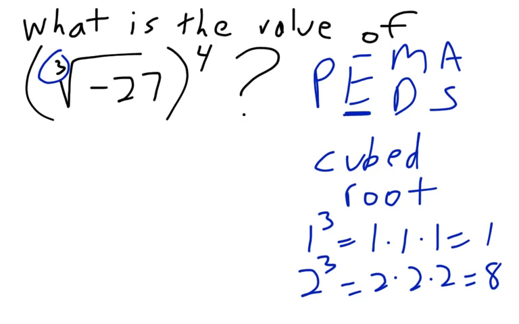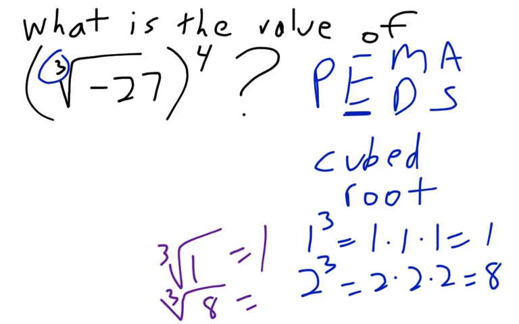So to work backwards, we would say the cubed root of 1 equals 1. The cubed root of 8 equals 2. In other words, this is asking, what number can I multiply by itself 3 times to get this number?